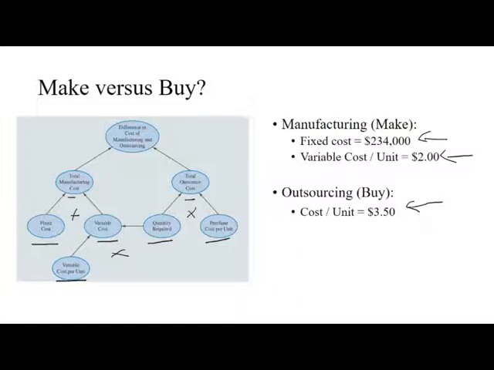Demand might be uncertain at this time. At the top of the influence diagram there's a difference of cost of manufacturing and outsourcing. That's simply subtracting the total outsource cost from the total manufacturing cost. If that difference is positive, manufacturing is more expensive. If that difference is negative, outsourcing is more expensive.